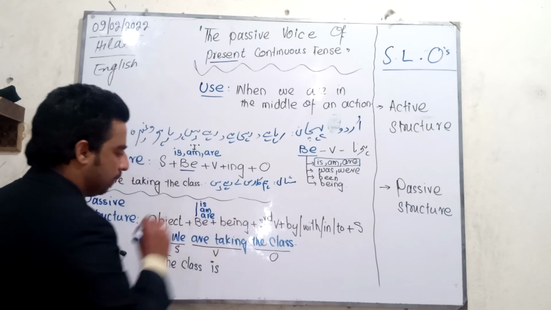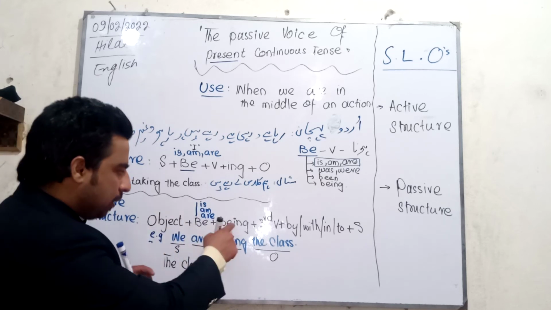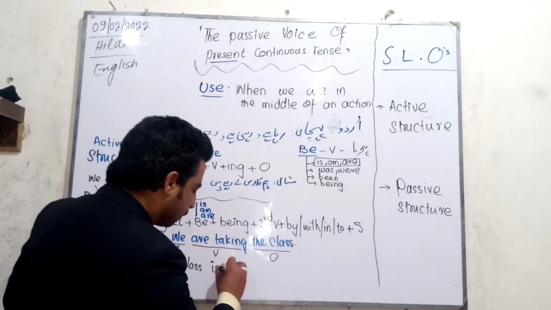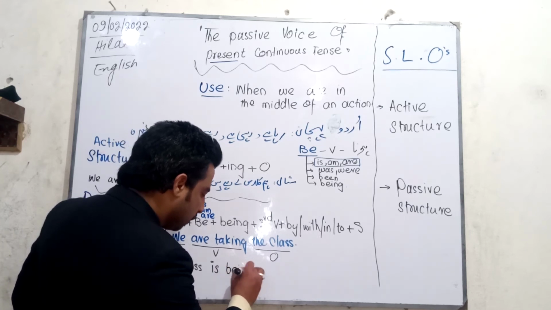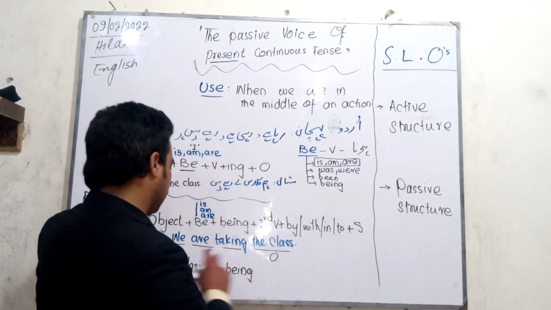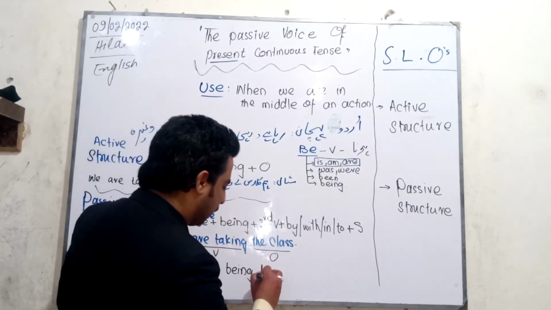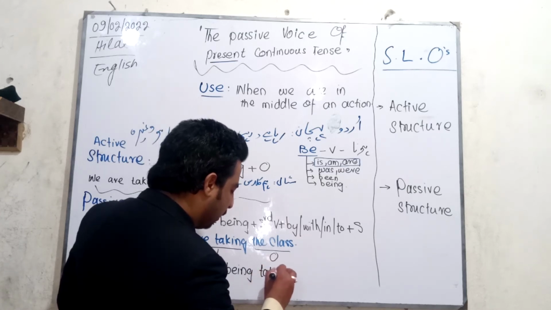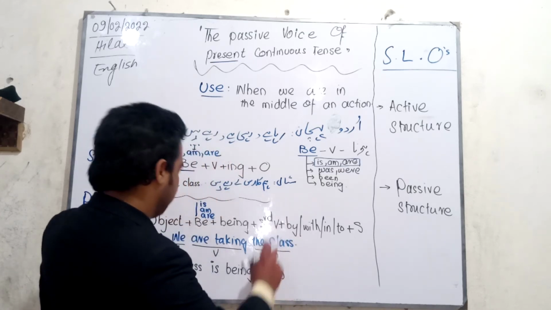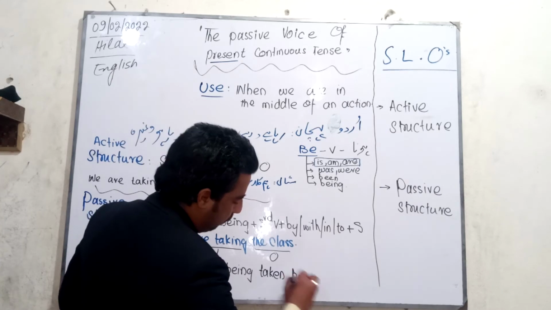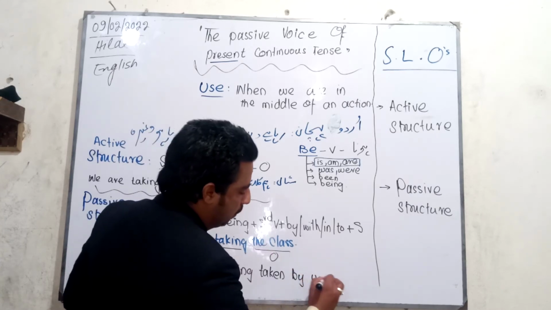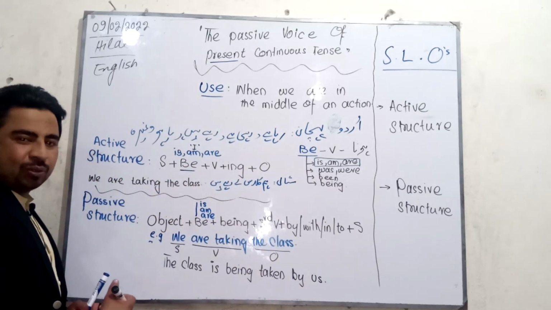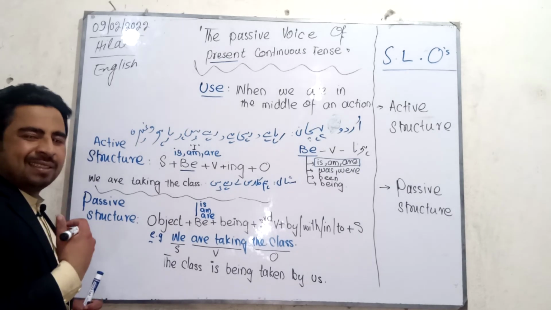Class is now being, now third form of verb. So what is take and then taken? Class is being taken, then I will have to use by us. So this is how according to the structure we change the sentence.